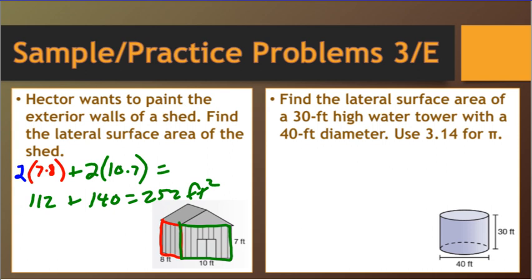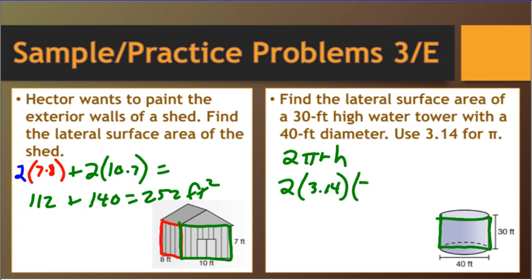And the last one, find the lateral surface area of a 30-foot high water tower with a 40-foot diameter. Use 3.14 for pi. So lateral surface area, I'm just looking for this piece right here. So this is 2 pi r times the height. So 2 times 3.14 times the radius.